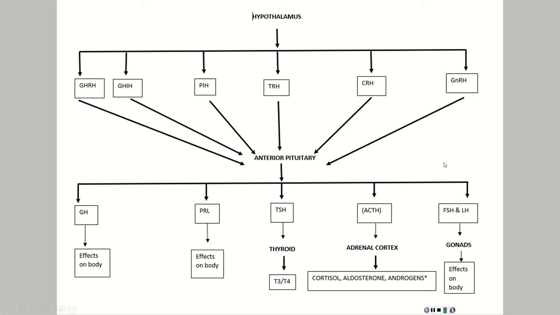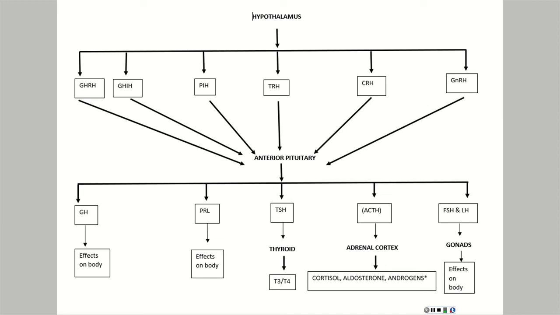Now, before we get going, I want to talk about certain types of disorders that interfere with some of these hormones and glands, and something that we can tell about what type of disorder it is. We're going to see this today with the thyroid gland, and again next class when we talk about the adrenal gland.